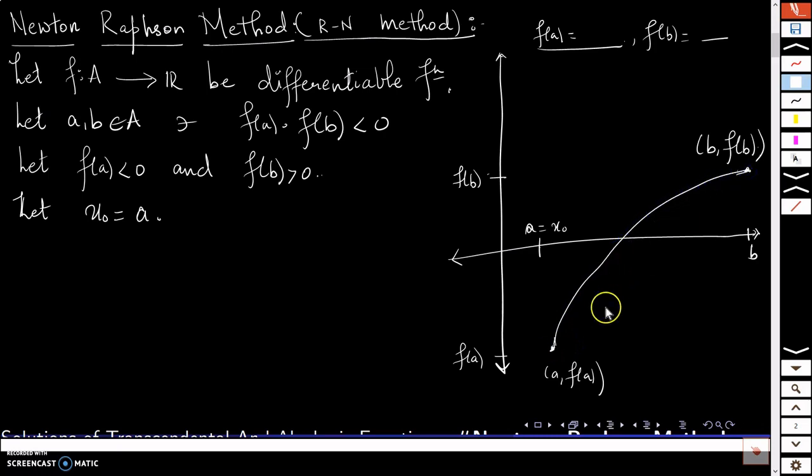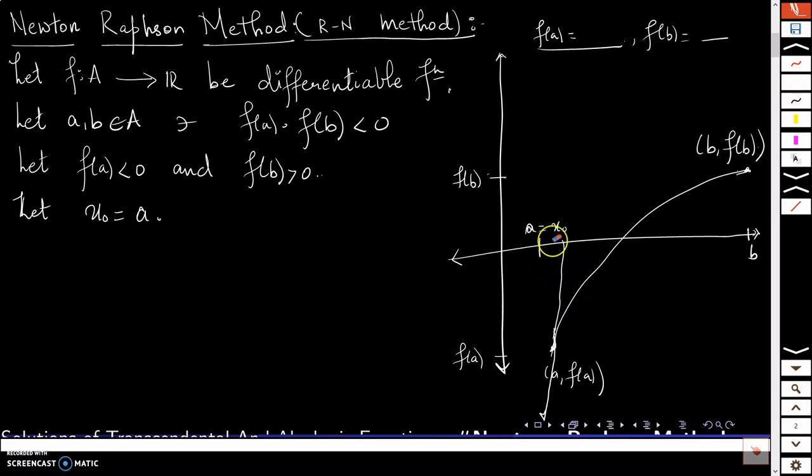Let's say I have something like this so that it's easier for me to draw the tangent. So at this point, I will draw a tangent. Okay, my diagram is not perfect. Let's say this is the tangent, more or less.